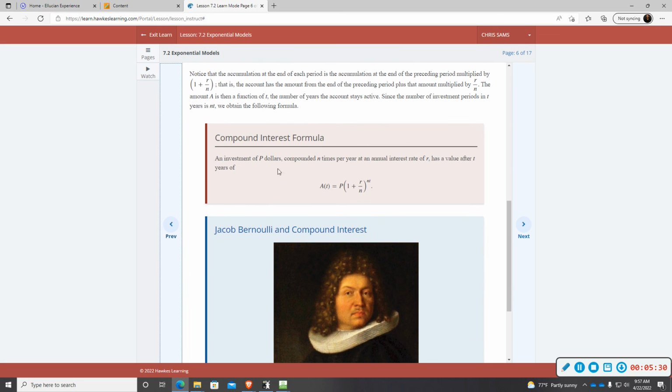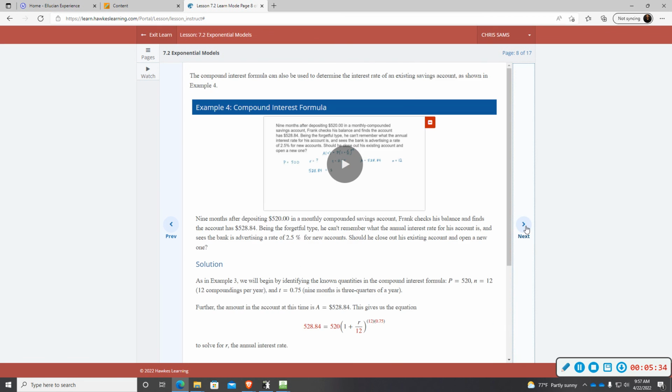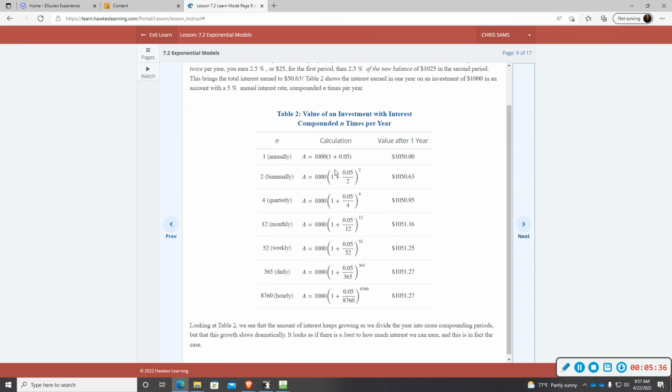Here on, I guess, page 6 of the 17, and then you skip 3 times over, and then you get the compound times per year. So this helps you figure out N. This is what we need. We're going to be using that quite a bit in the calculator. So I guess with that, we'll jump over to Hawk and actually start doing them.